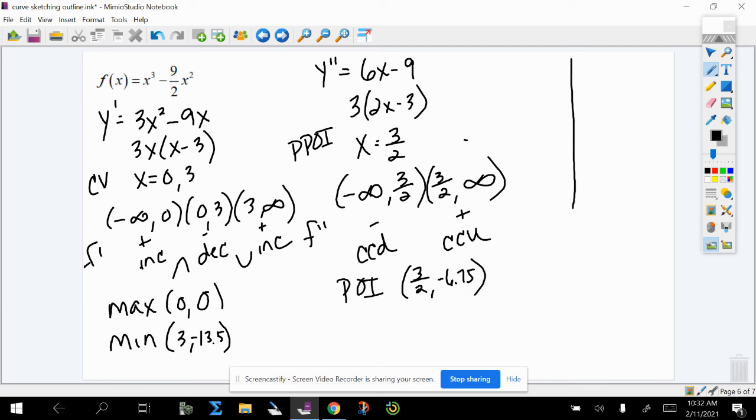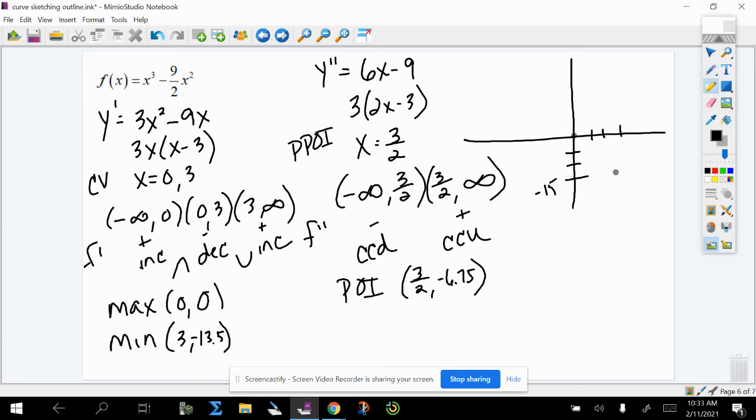So when I draw my graph, 0, 0 is a point, so I'm going to put a point right at the origin. 3, negative 13.5. I'm going to go by 5s. Again, we're just approximating, so negative 5, negative 10, negative 15. So it is down here somewhere.